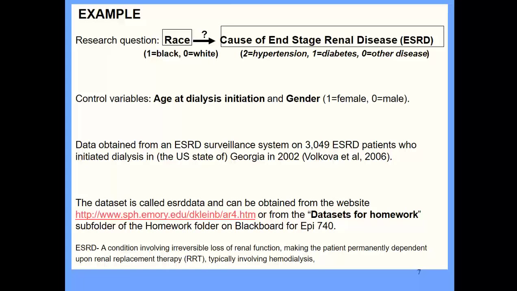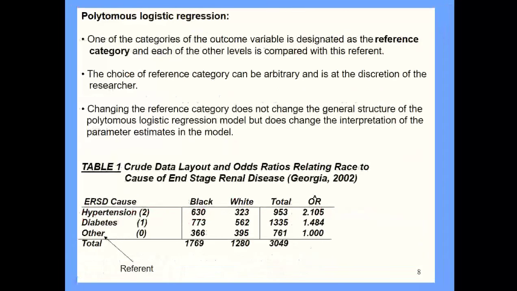And so when I talked about this example, I said, well, in this particular case there are just three categories of the outcome. They're not orderable, and the simplest way to describe the data is in a 3x2 table.